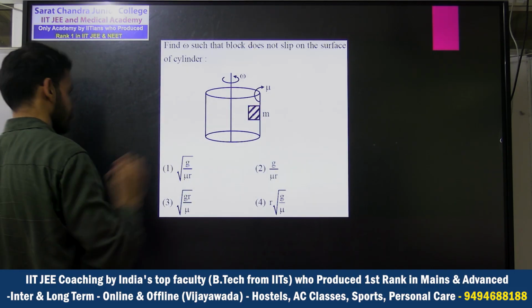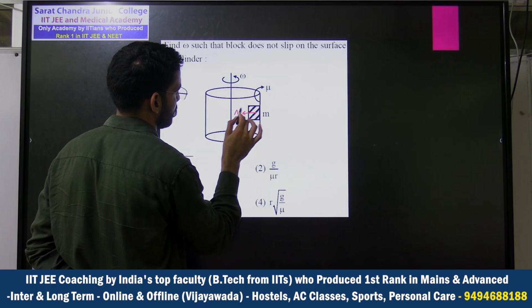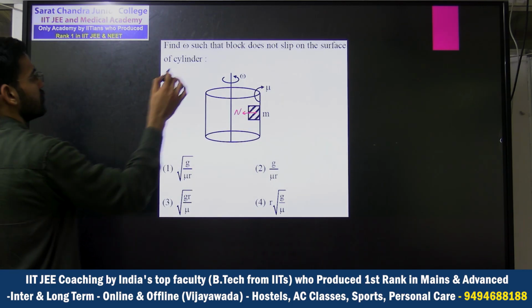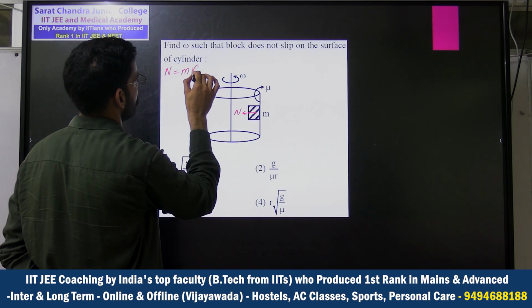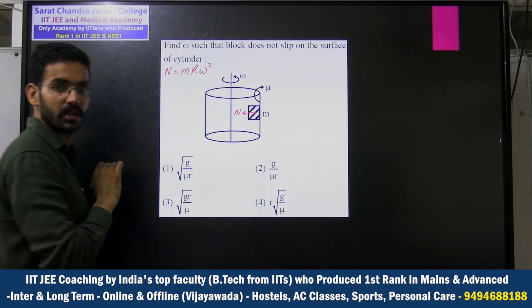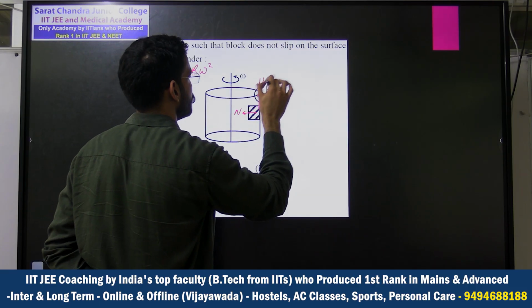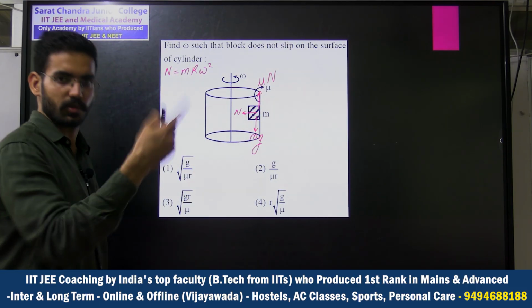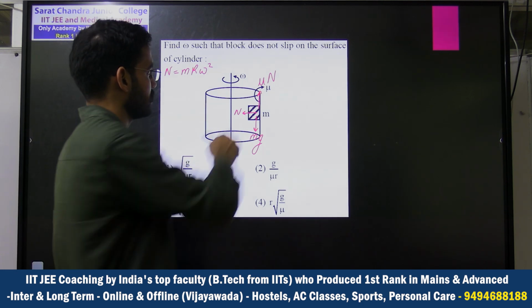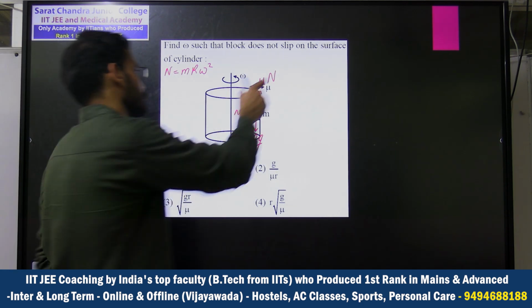When it rotates, the normal will come, and that normal will be equal to m r omega square, if it is rotating in a radius r. Friction will act upward, the maximum static friction being mu into normal, and downward is mg. So if any body is rotating like this, this is the maximum static friction that is available.